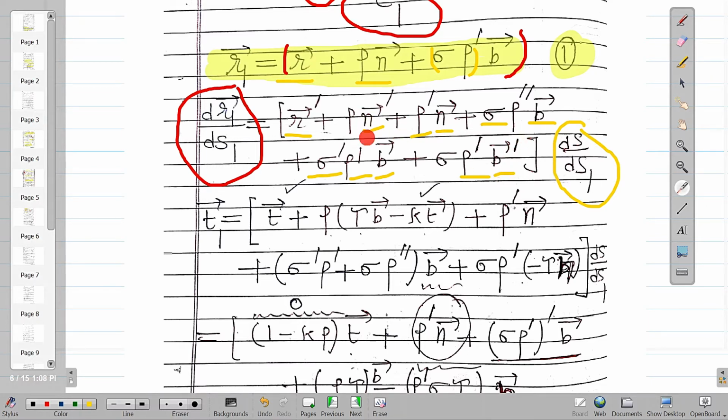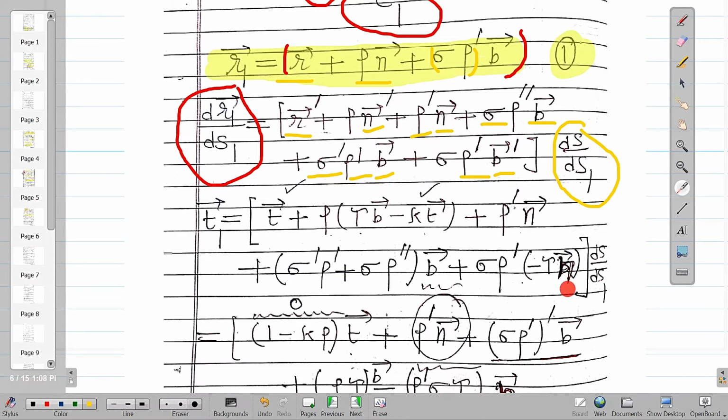Now from n dash, by using the Frenet formula, n dash is equal to tau b minus kappa t. So substitute the value of n dash by using the Frenet formula. Similarly, here substitute the value of b dash.